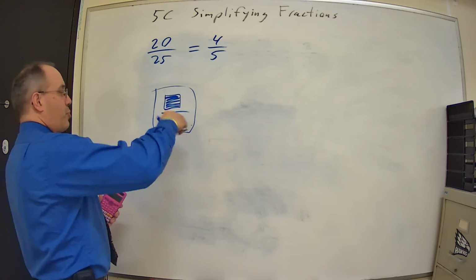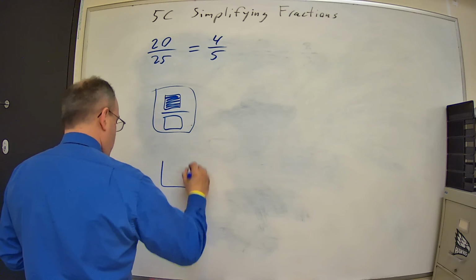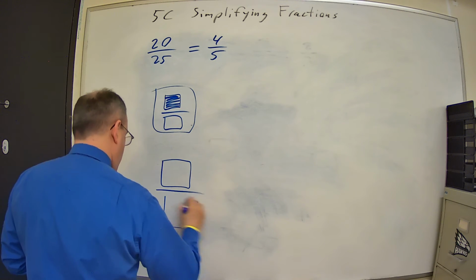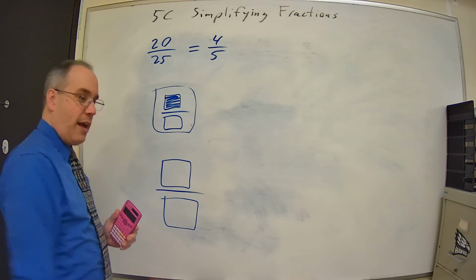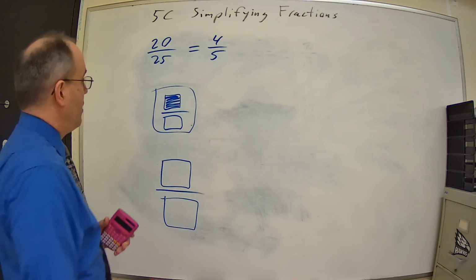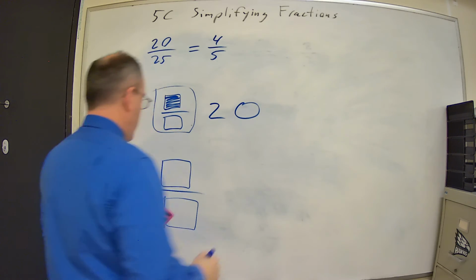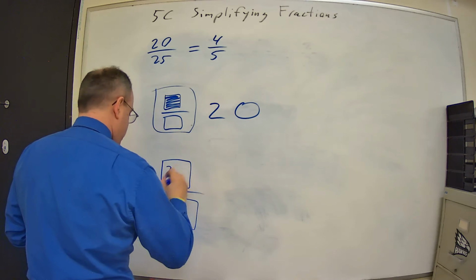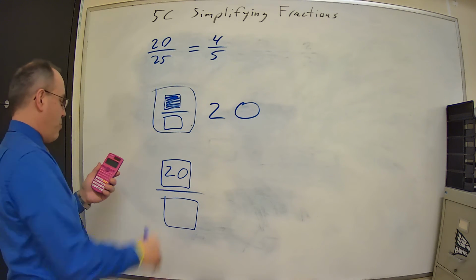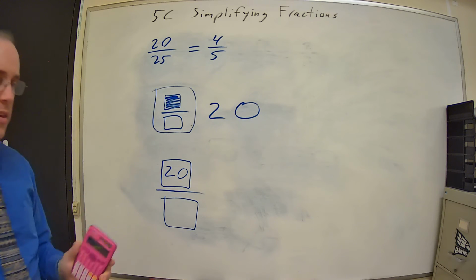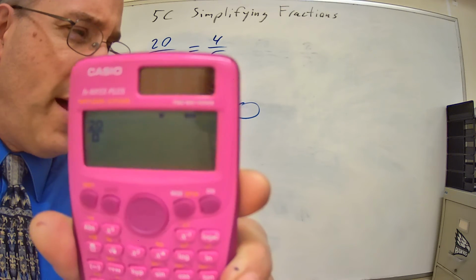You'll see a little cursor next to this box on your display. If I put in 2, 0, it's going to replace that upper box with it. So now I have 2, 0 over a box.